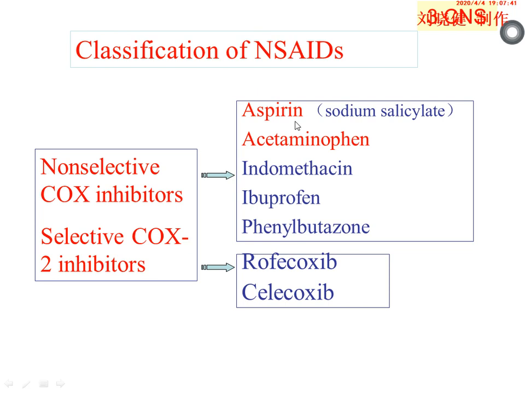Aspirin also has an antiplatelet effect, antithrombotic effects, and especially for aspirin, you must master its pharmacological effects and clinical uses, even adverse effects. You must master well. In this chapter, you also should know acetaminophen, because in our daily life this drug is so commonly used. Especially for children, it is safer than aspirin. To relieve fever of children, it is commonly used.